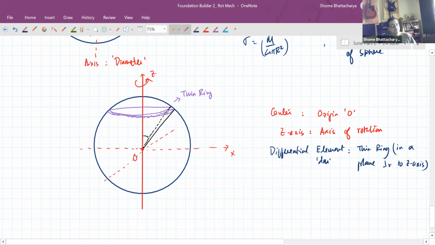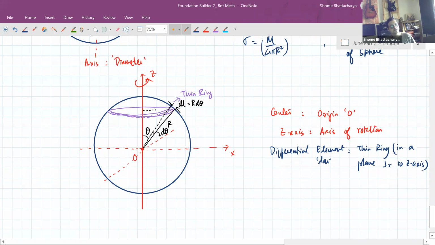So if this angle is theta now, then this small angle is d theta. Okay. And this thickness is R d theta.